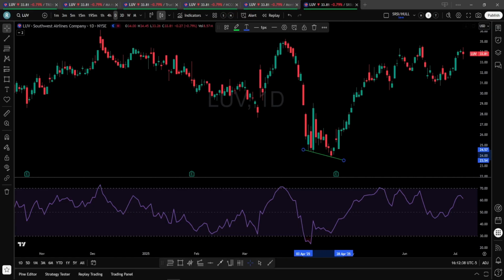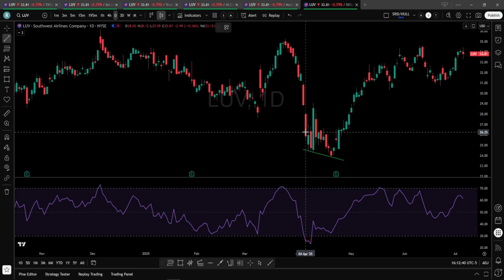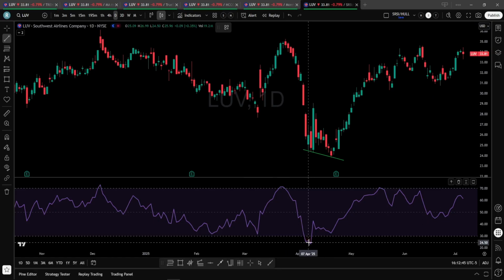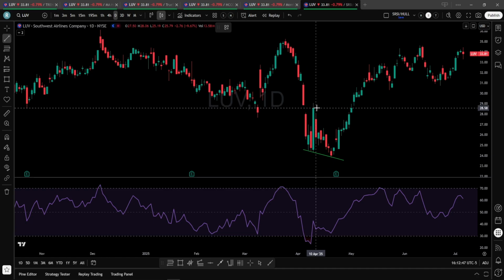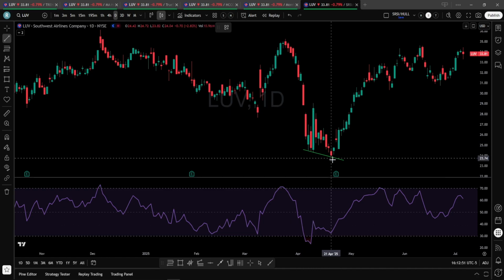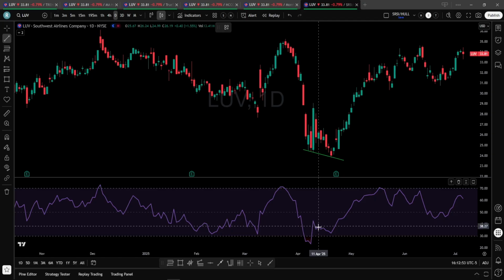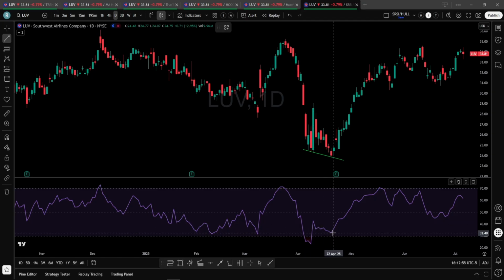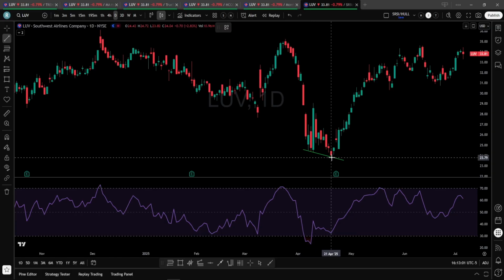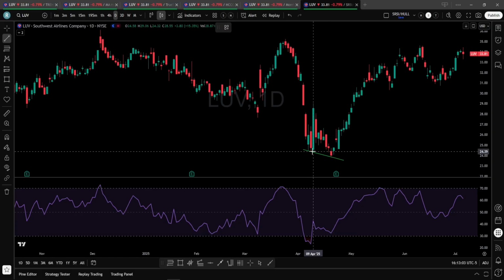However, the RSI failed to do the same. Notice that when it made a bottom, the RSI made a bottom. When it went up to make this peak, the RSI made its peak. Then as prices dropped to make this bottom, the RSI then proceeded to make this bottom. But lo and behold, this bottom is higher than this bottom, whereas this bottom is lower than this bottom.